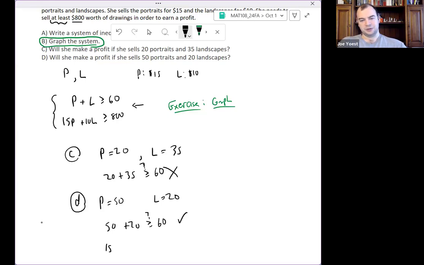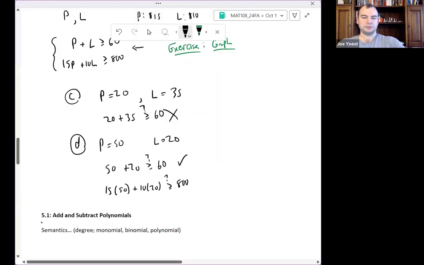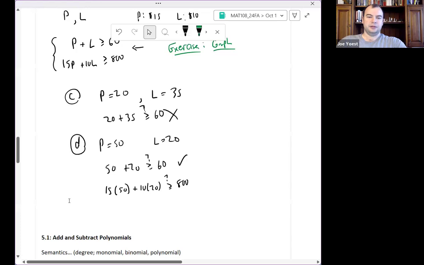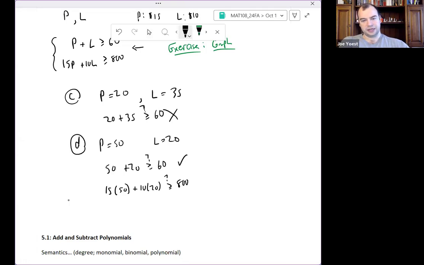So is it true that 15 times 50 plus 10 times 20 is bigger than or equal to 800? Well, 15 times 50 is like 7.5 times 100, that's 750, plus 200. Is that bigger than or equal to 800? Yes, it is. So 950 is bigger than or equal to 800. She did make enough revenue as well.